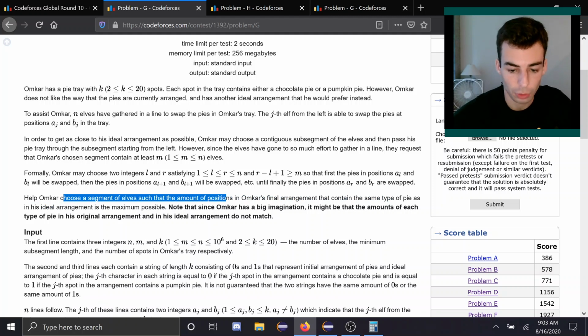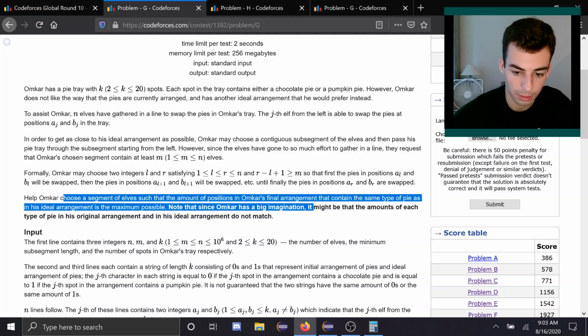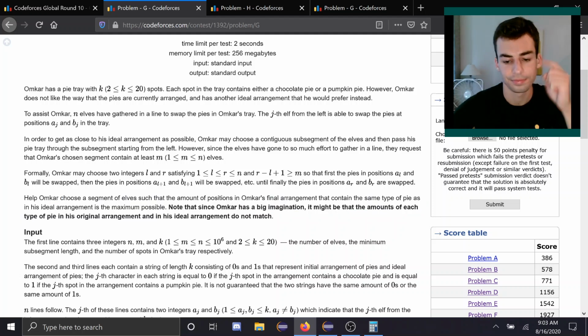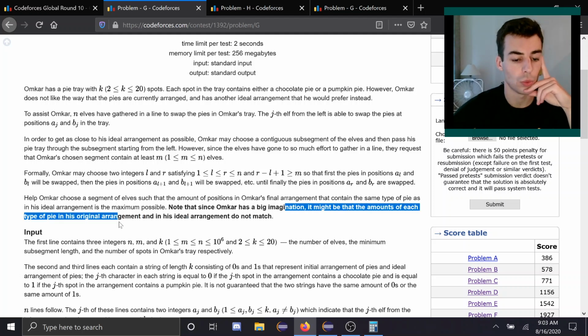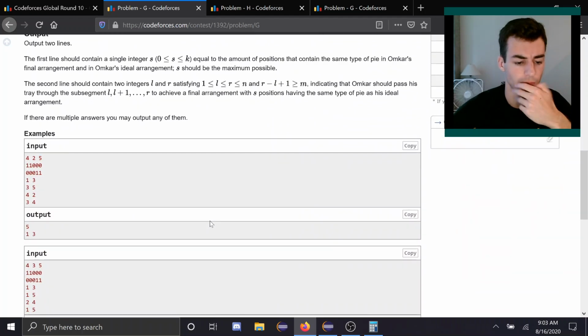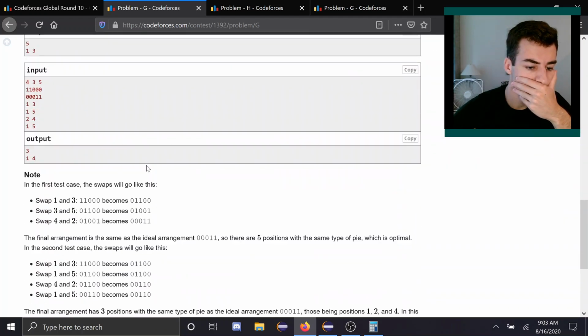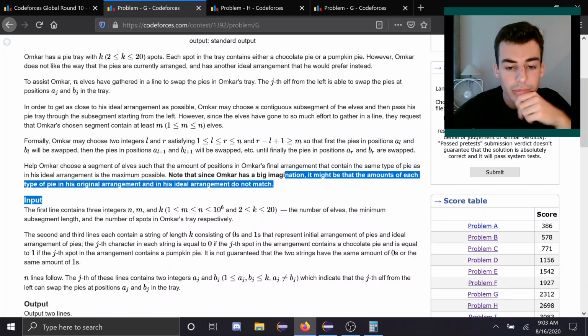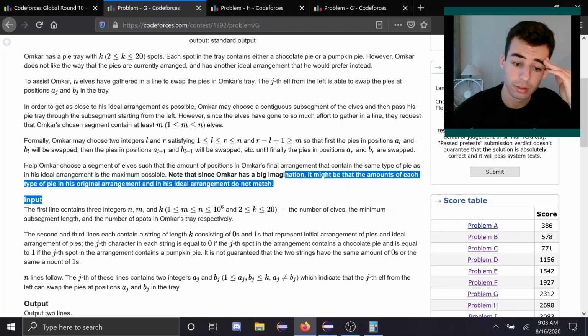The number of positions which match is maximum possible. The amounts of each type of pie in his original arrangement and his ideal arrangement might not match. Oh, it's a binary string. Got it.